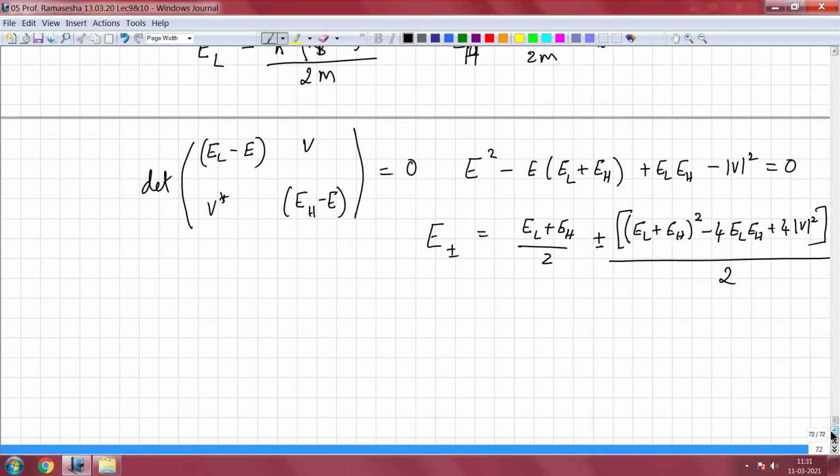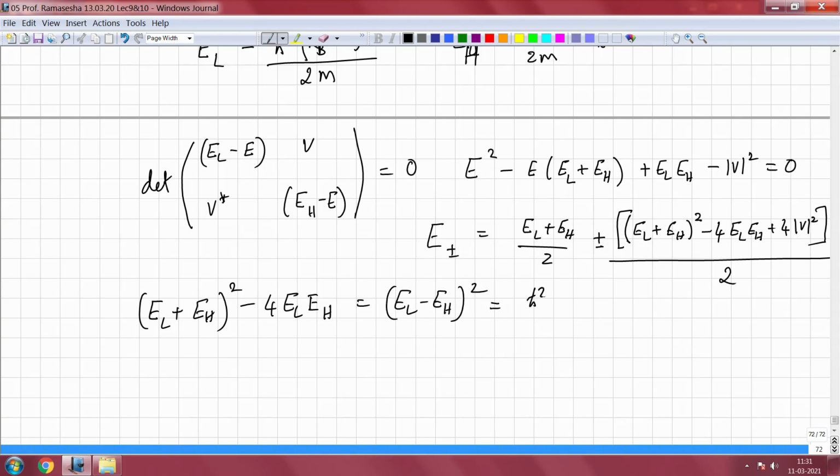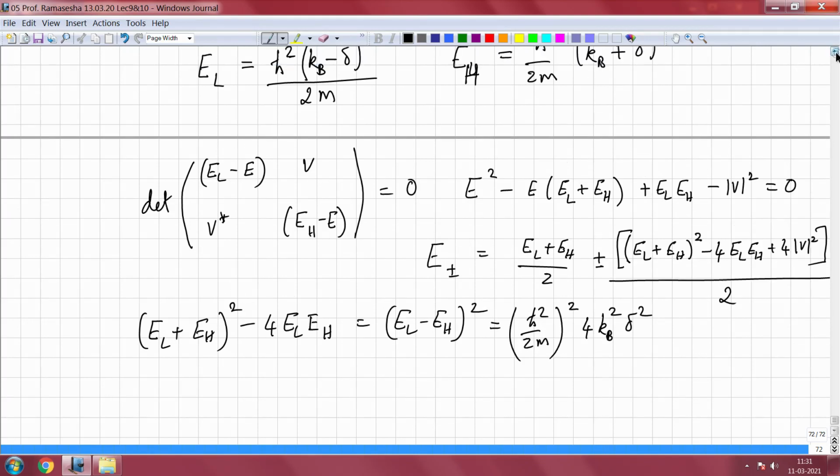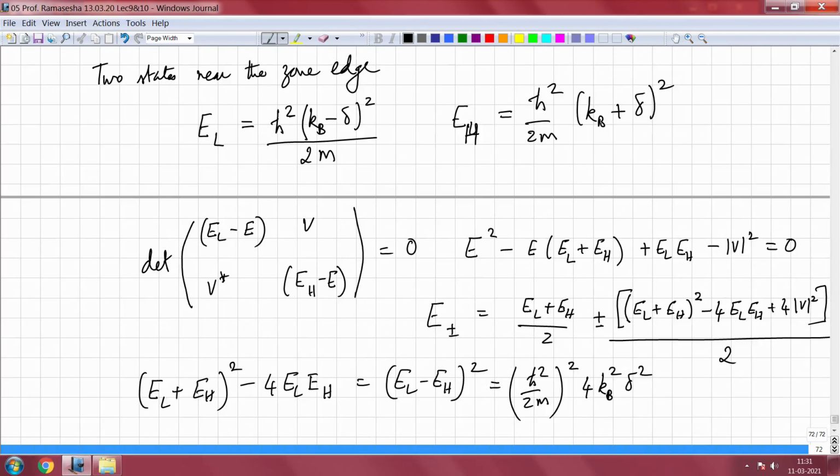Now, what do we have? I can now write down the following: (EL plus EH) squared minus 4 ELEH is equal to (EL minus EH) squared, and this is equal to (h cross squared by 2m) the whole squared times 4 kb squared delta squared. This we can actually get from the definition of EL and EH.